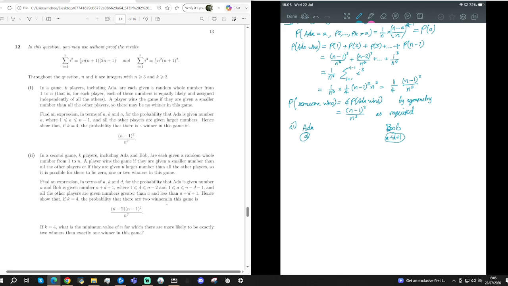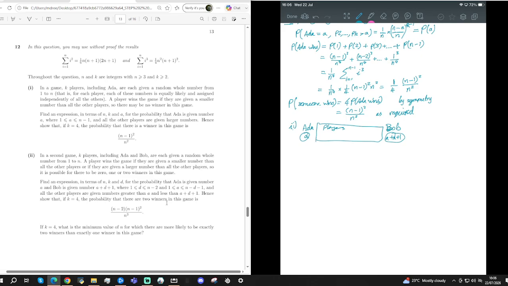And all the other players are given numbers greater than A and less than that. So all the other players have been given things in this region. I'm now imagining a number line here, where Ada's at the bottom end of the number line, Bob's at the top end of the number line, everyone else is stuck in the middle.